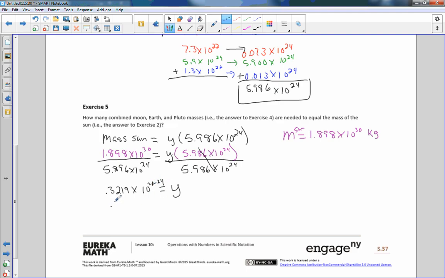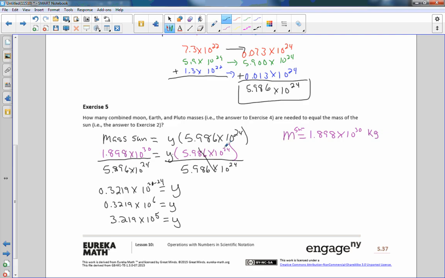So that's going to end up being 0.3219 times 10 to the 6, but this is 0.3, and 0 is less than 1, so I need to move my decimal here to make it scientific, so it's 3.219 times 10. I moved it closer to where it has to be, so this decreases by 1.